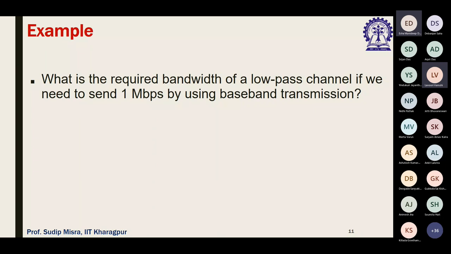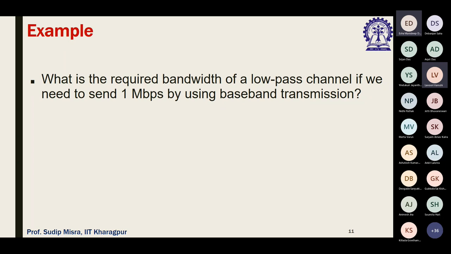The first thing that you need to know is that baseband transmission of a digital signal that preserves the shape of the digital signal is possible only if we have a low pass channel with an infinite or very wide bandwidth. So if we are talking about a low pass channel, you can send the digital signal only if the channel has an infinite bandwidth.